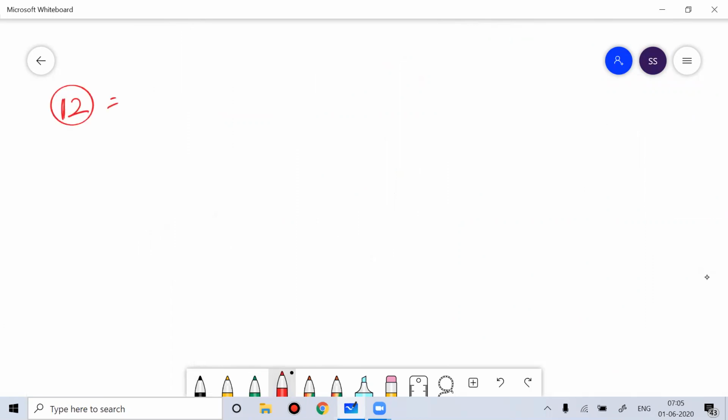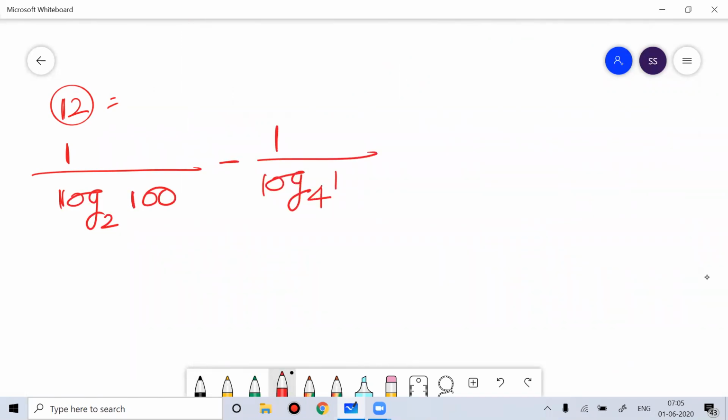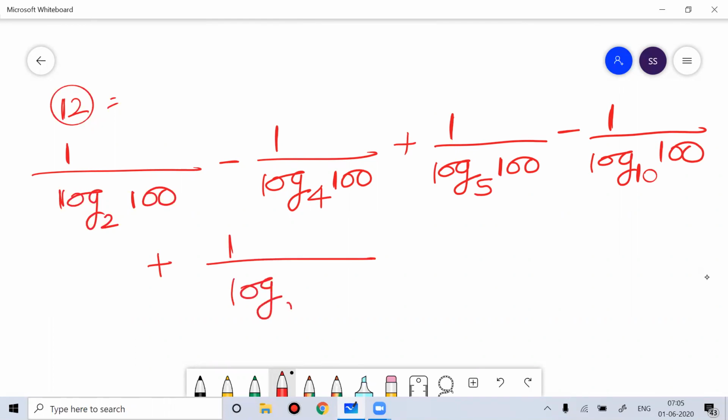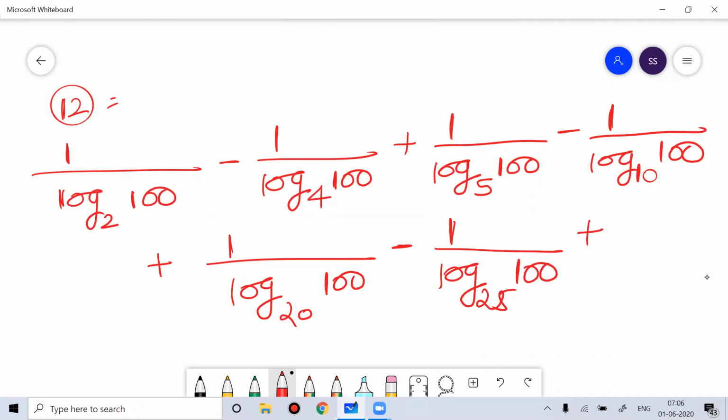Maybe this is the 12th question. I'm not sure about the numbering part. 1 by log base 2 of 100 minus 1 by log base 4 of 100 plus 1 by log base 5 of 100 minus 1 by log base 10 of 100 plus 1 by log base 20 of 100 minus 1 by log base 25 of 100 plus 1 by log base 50 of 100.